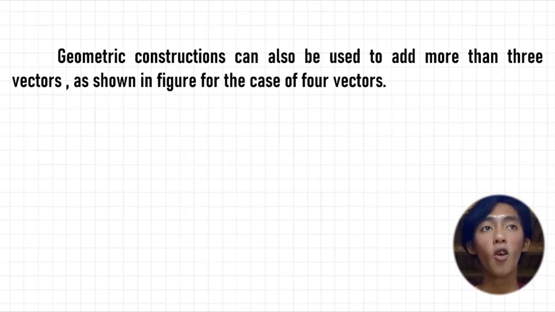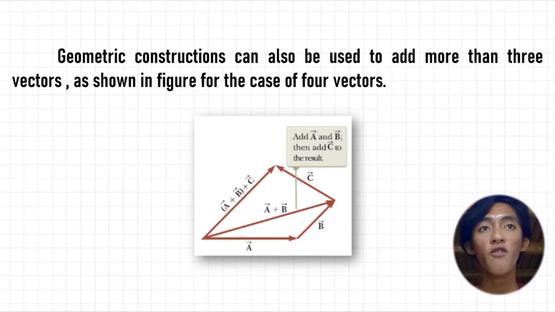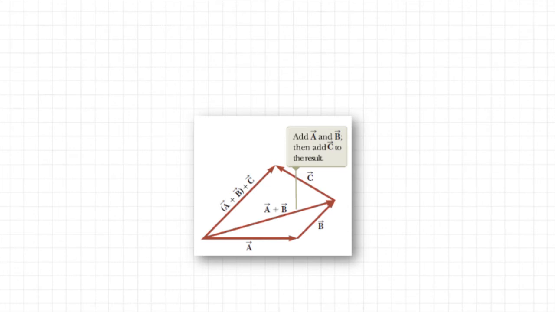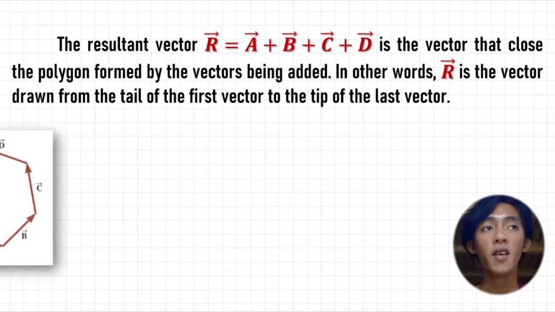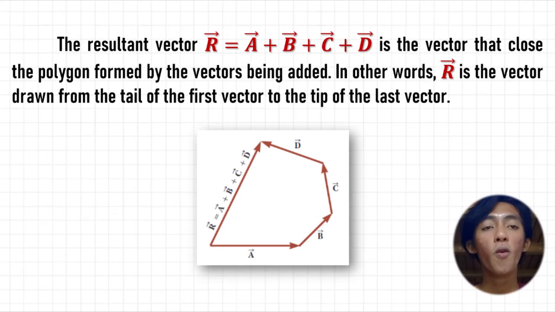Geometric construction can also be used to add more than three vectors, as shown in the figure. For the case of four vectors, this figure gives a geometric construction for verifying the associative law of addition. The resultant vector R, equal to vector A plus vector B plus vector C plus vector D, is the vector that closes the polygon formed by the vectors being added.